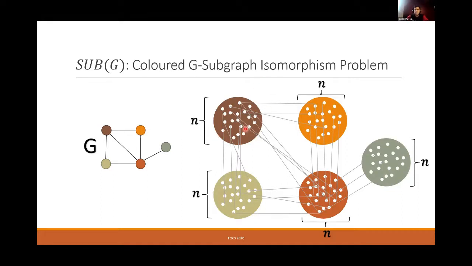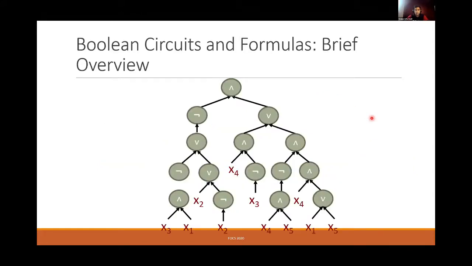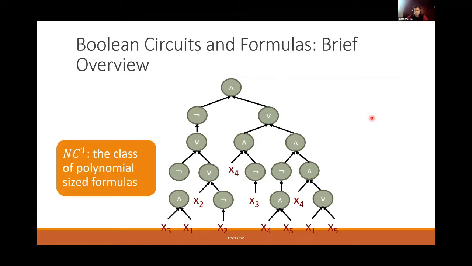And the question is, is there a properly colored copy of G contained in this graph? So kind of like this. And the models of computation that we're interested in are circuits and formulas. So I'm going to define them again.